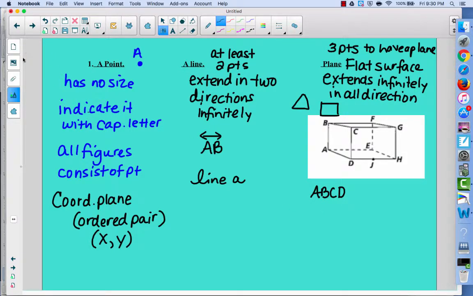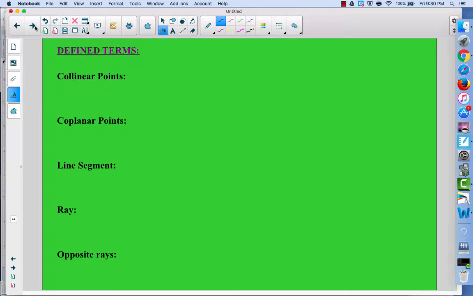All right. So these 3 points are going to lead us into some defined terms. These defined terms, we really have to have a good understanding of to get started into the real fun of geometry. The first one is collinear points. Collinear points are points all in one line.